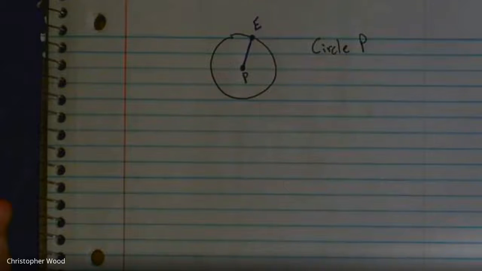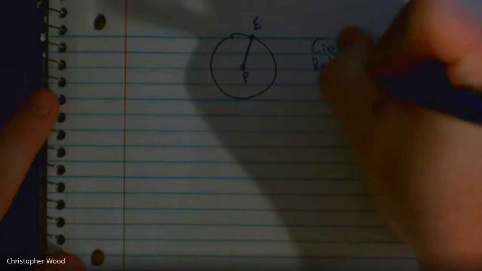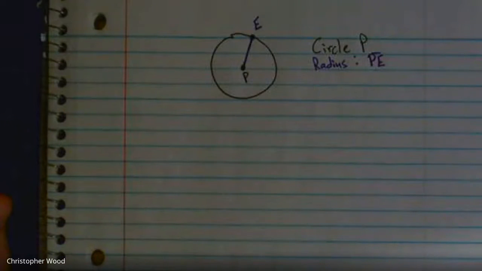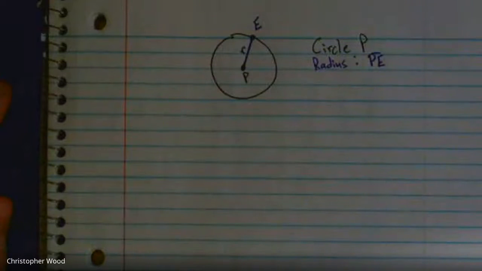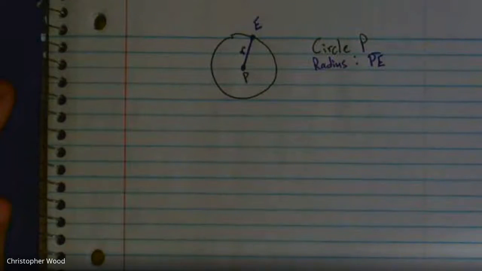It has to be in a straight line. So it would be segment PE here, would be our radius. The radius, usually R, and we call this a lowercase r. And again, it's from the center to the edge of the circle.